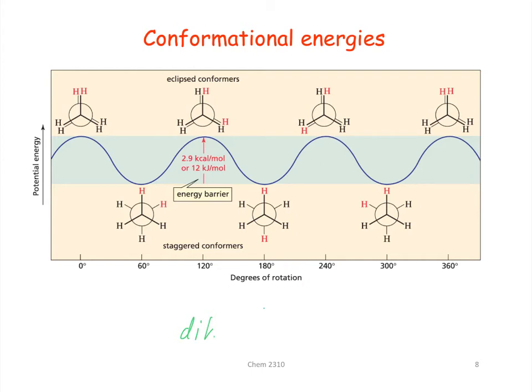So we're going to look at the dihedral angle. Okay? And the dihedral angle is kind of the angle from one hydrogen to a carbon to the next hydrogen. So it's the angle between these two when we're looking at the Newman projection.